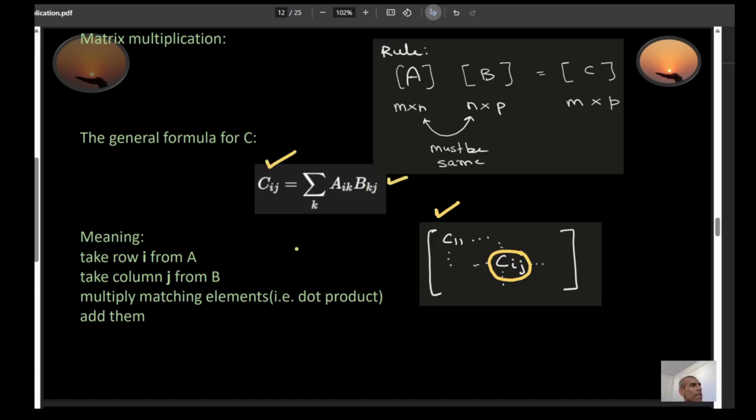What this formula says is that to calculate Cij, you take the row i from A and the column j from B, and then you do the dot product. In other words, you multiply matching elements and then you add them all together. This is how you calculate your Cij.